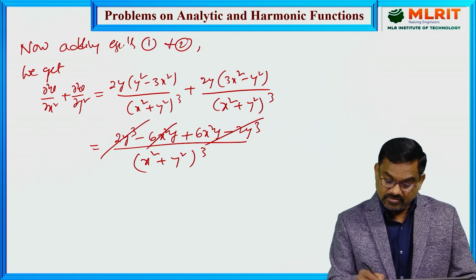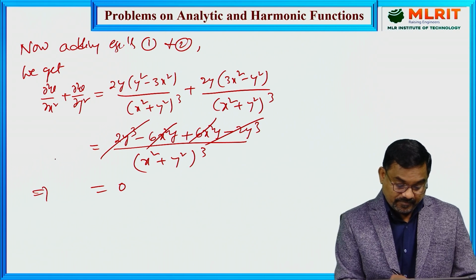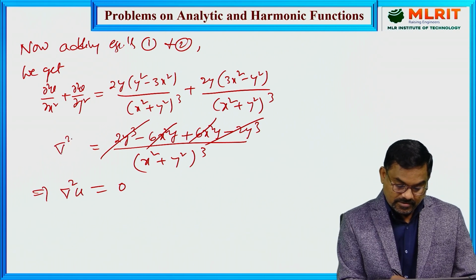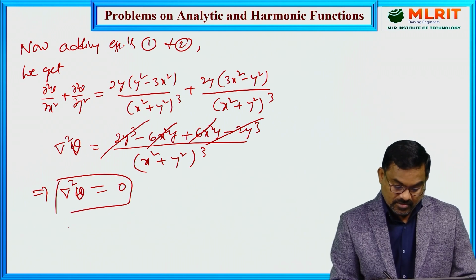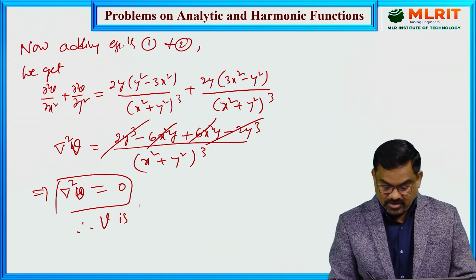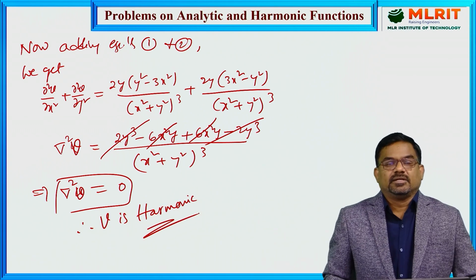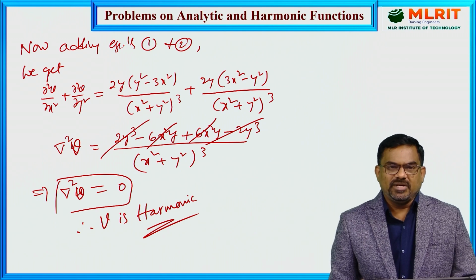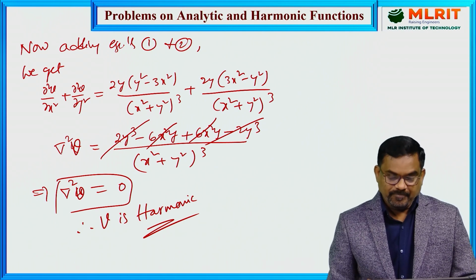So that implies del square v is 0. Therefore, v is harmonic. Hence, to check whether the given function is harmonic or not, simply find the second order partial derivatives and add them.